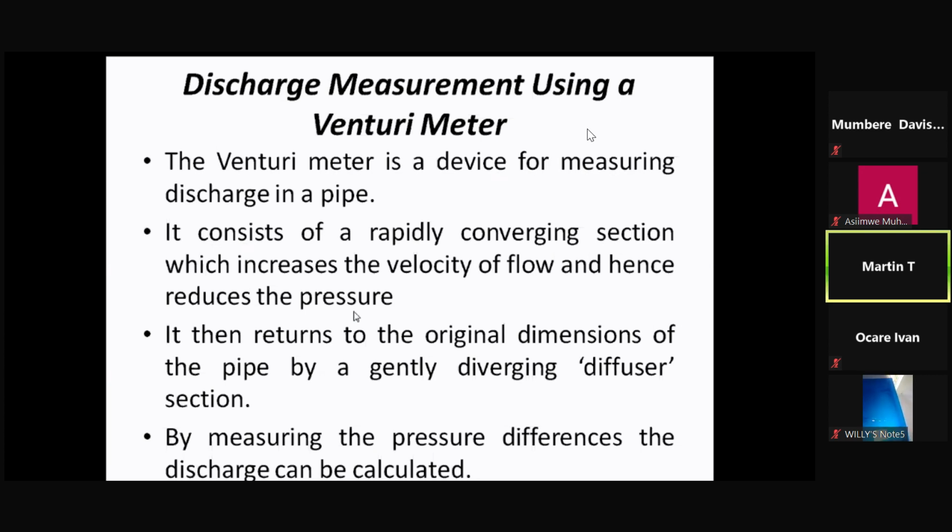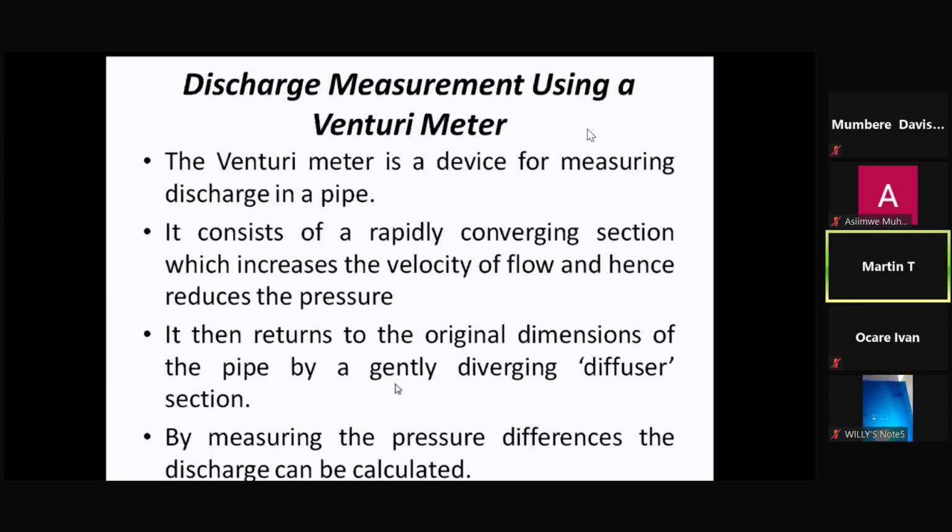Because of the velocity increasing, or the cross-section area reducing, there is a pressure reduction. Then you have a diffuser that takes the water back to the original dimension.